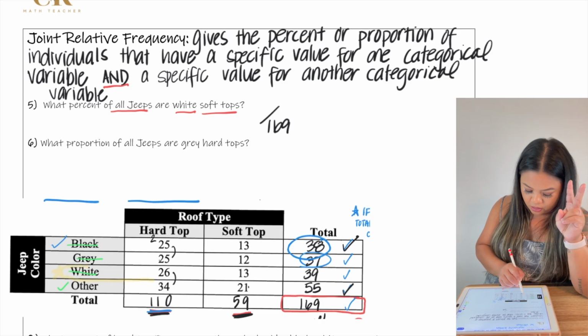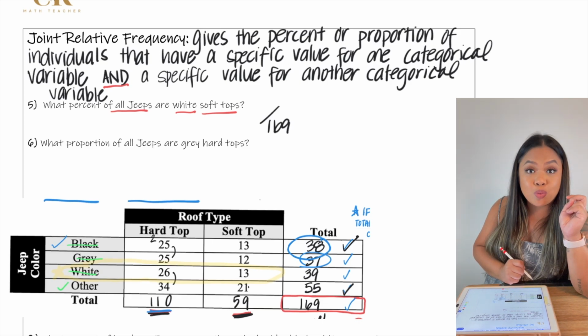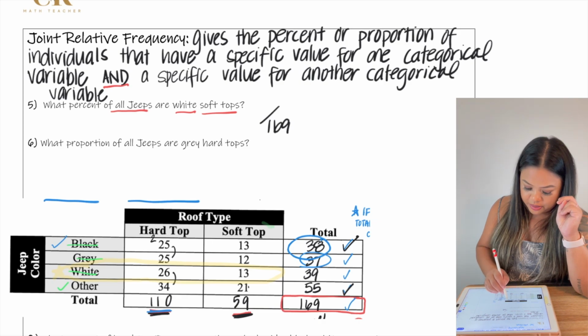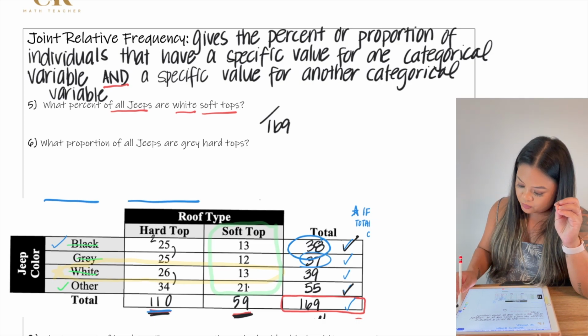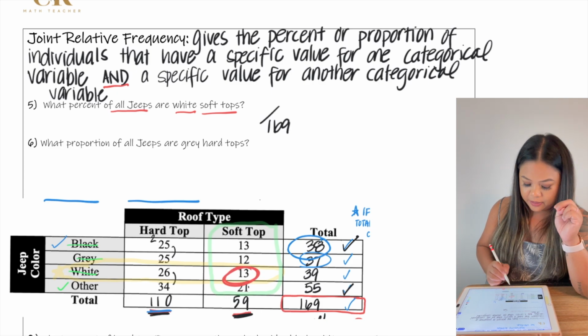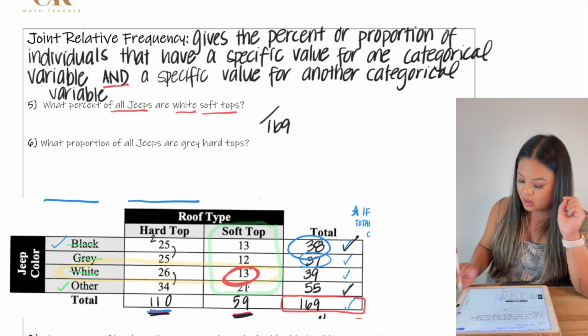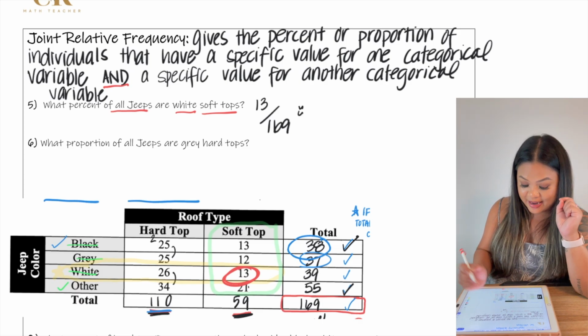This row right here are the white Jeeps. I don't want hard tops, I just want soft tops. So I'm looking at this column, soft top Jeeps, and I'm looking for that intersection, right? I want it to be white and soft top. So I hope you're looking at this number right here, 13. That is the number of white Jeeps that are also soft top. Okay, so that's going to be 13 out of 169.